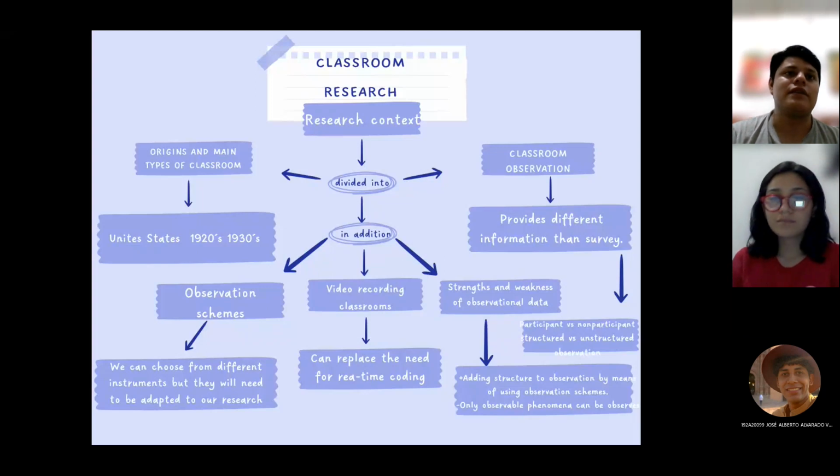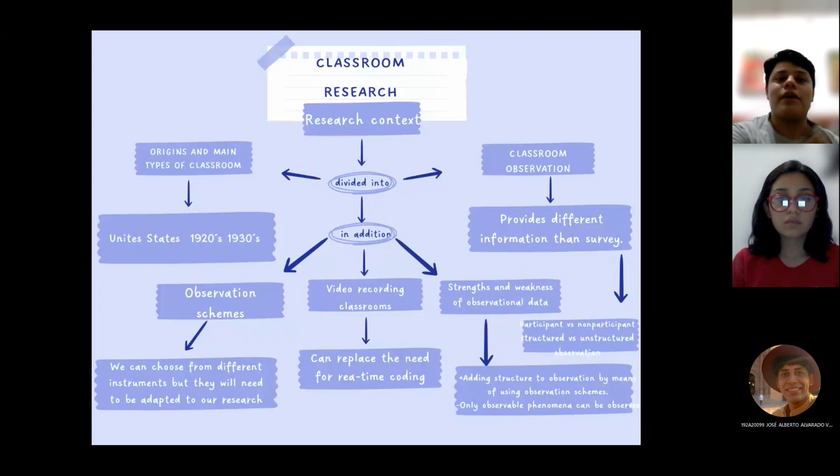The structured is what we are doing: we are planning our research before going to the participants, before we go to the classroom. And the non-structured observation is when, for example, you go to a school and there you choose what you want to investigate. You want to investigate the students, the professor, the methods, and things like that.